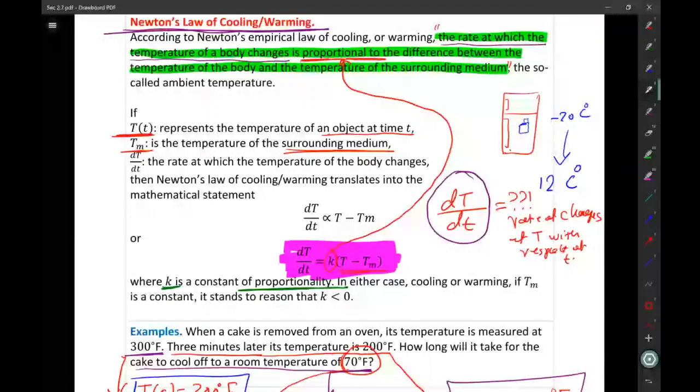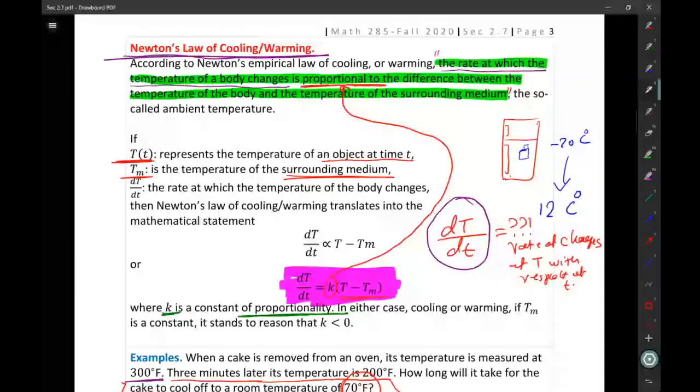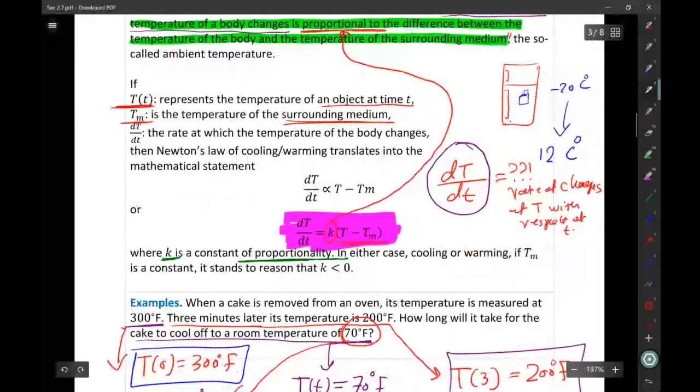And we said that according to Newton's law, the rate at which the body temperature changes is proportional to the difference between the temperature of the body and the temperature of the surrounding media. We translated this to the differential equation dT/dt = k(T - Tm). Tm is the temperature of the surrounding medium.